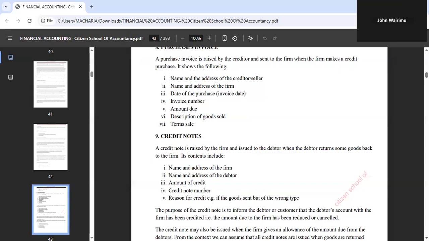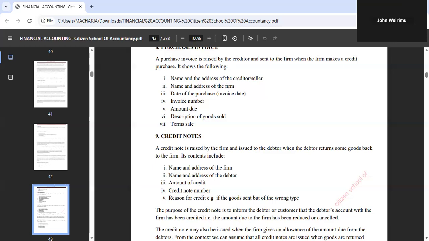But when you're issuing a document to prove this, we're saying a credit note is going to correct sales. A credit note is raised by the firm and issued to the debtor when the debtor returns some goods back to the firm. I sold goods to you, initially I issued you a sale invoice.